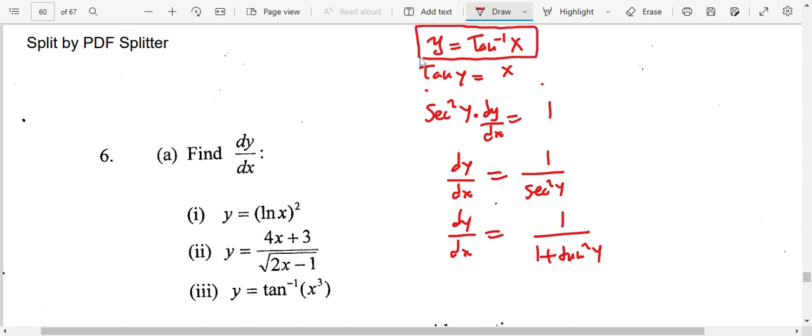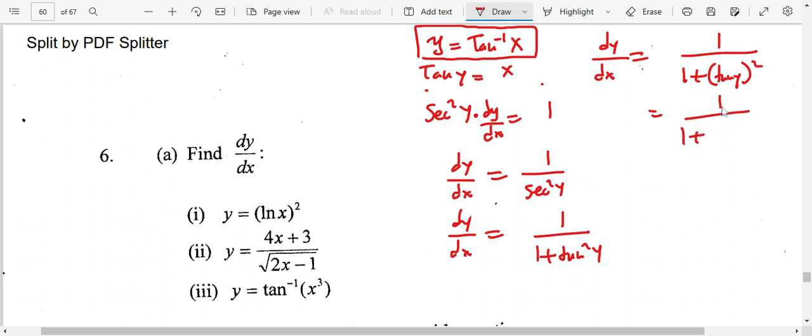So that is going to be dy over dx being equal to 1 divided by 1 plus, instead of writing tan squared y, I'll write it as tan y and then squared. It's the same thing.